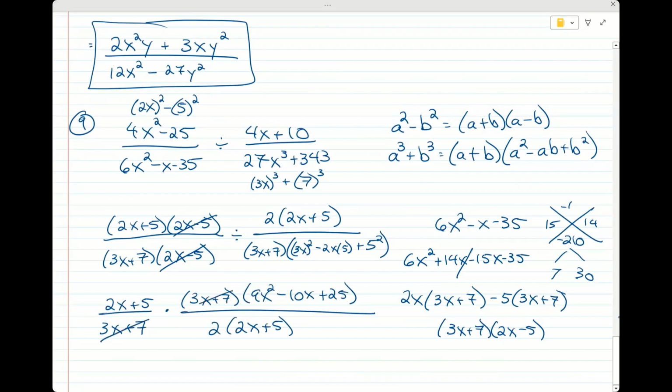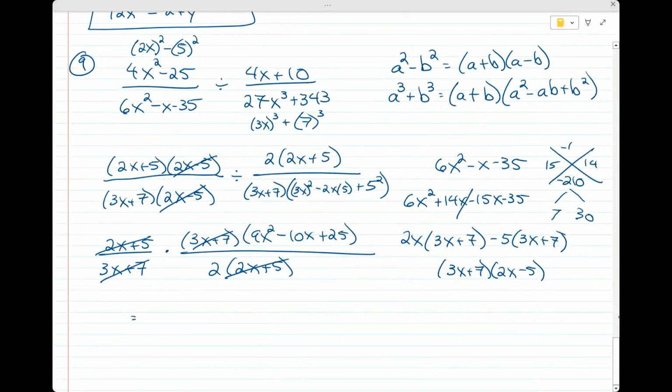These factors cancel, these factors cancel. So it looks like all we're left with is 9x squared minus 10x plus 25 divided by 2. That would be our final answer.